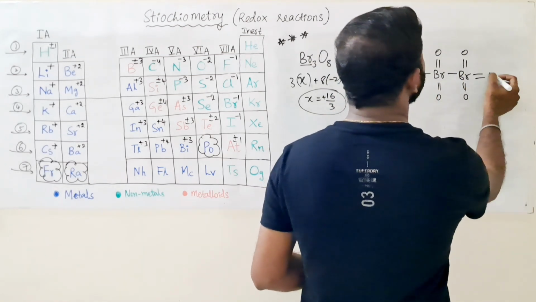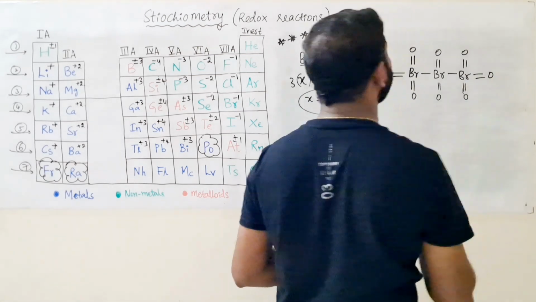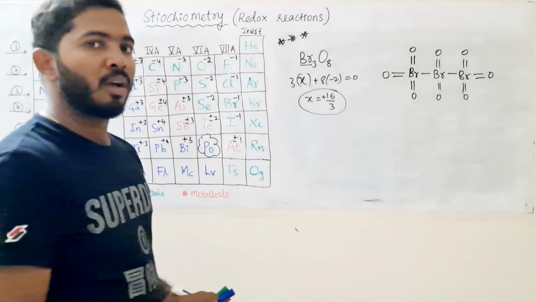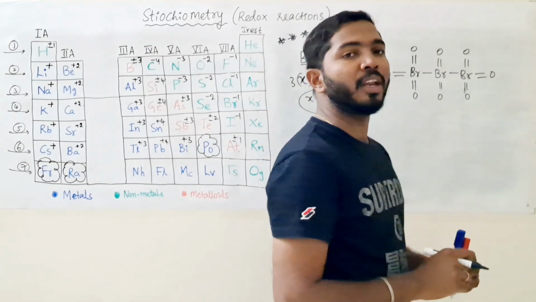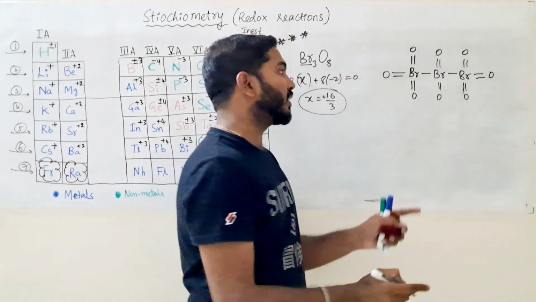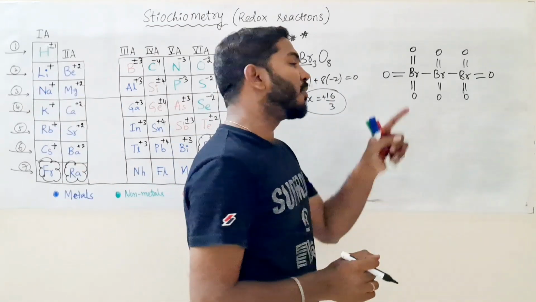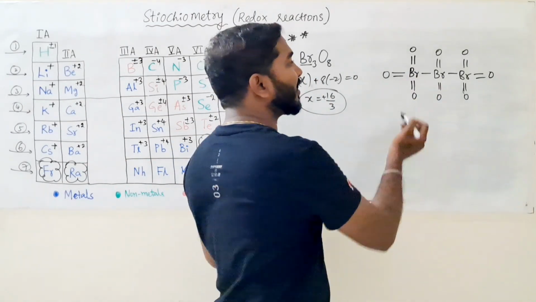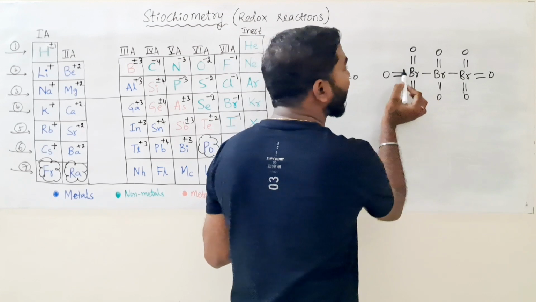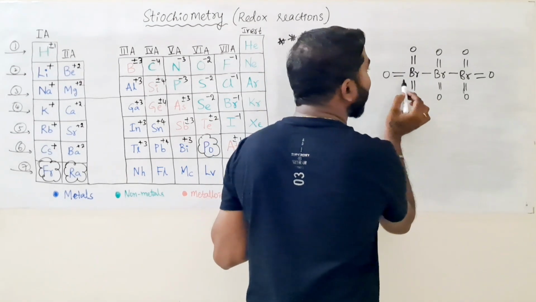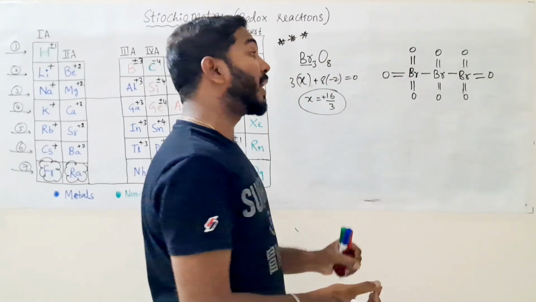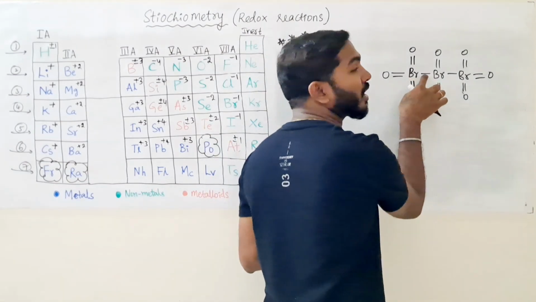This is the possible structure of Br3O8. Here is a very important point: to find the oxidation number for each bromine individually, we need to consider their bonds. So how many bonds are there around bromine? Around bromine we have 7 bonds in total, but between 2 bromines there is a common bond.